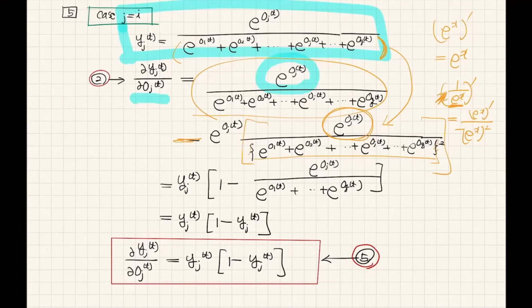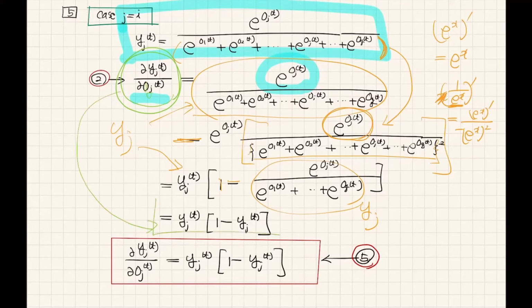And then you remember that this one is Yj that is coming here, and 1 minus second term. If you spend some time, we can obtain that. This one is Yj again. So in simplicity, the derivative of Yj with respect to Oj, where Yj is the output of the softmax function and Oj is the output of the RNN at stage T, we will get this form.